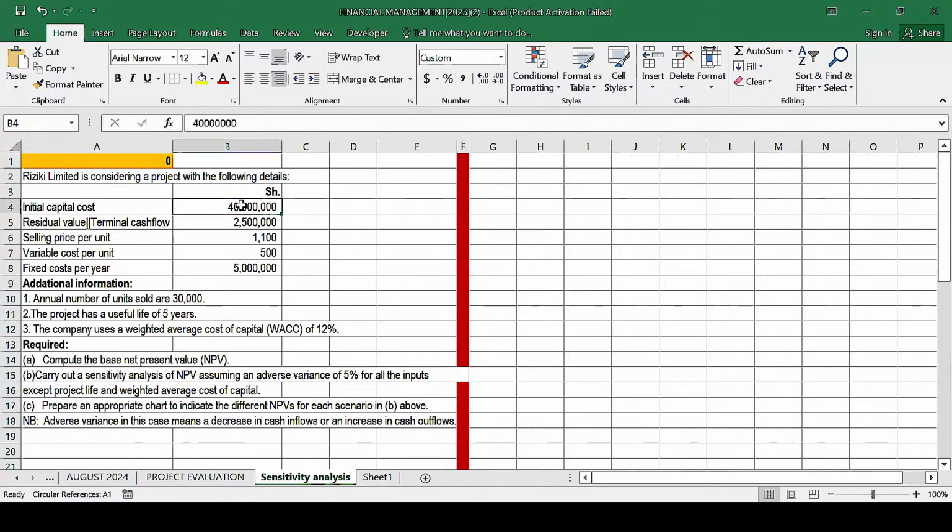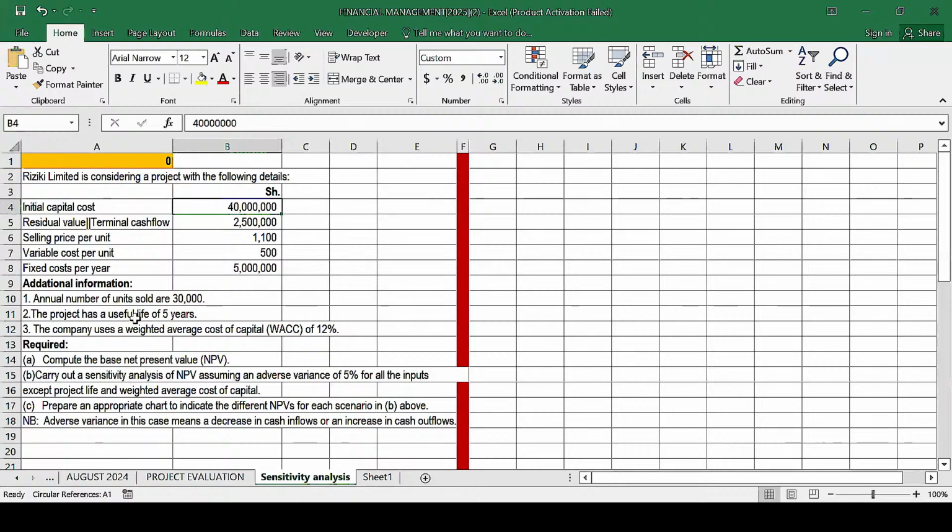The selling price per unit is 1,100. The variable cost per unit is 500. And the fixed cost per year is 5 million. Then we are given some additional information: the annual number of units sold is 30,000. These are the number of units expected to be sold each year.